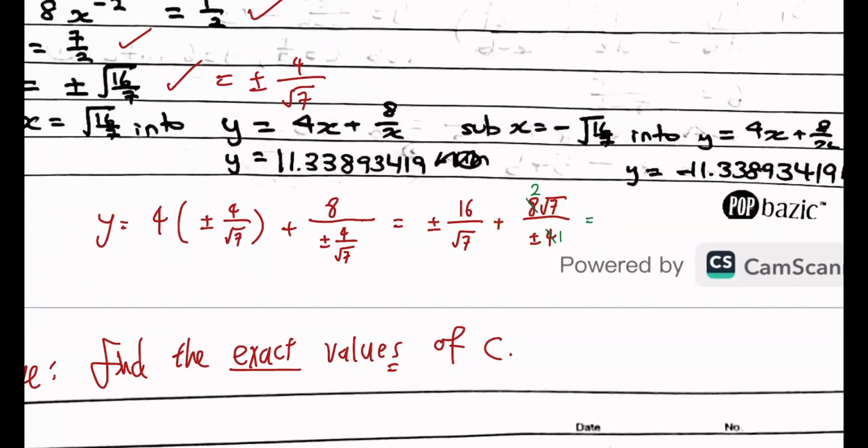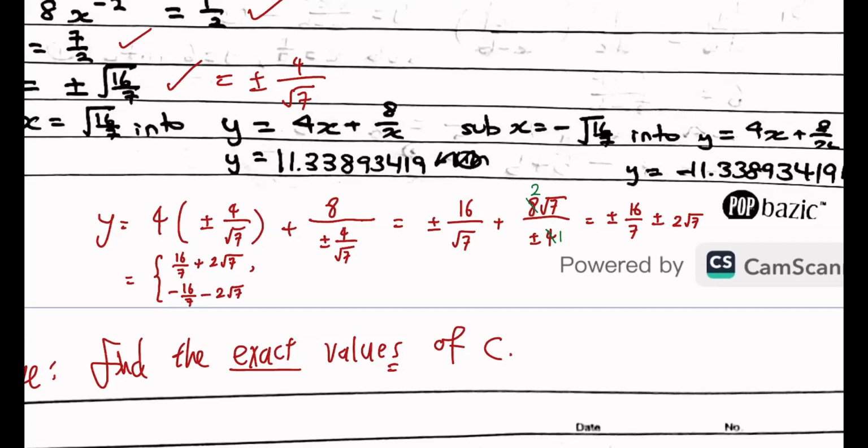So we get plus minus 16 over 7 plus minus 2 root 7. Which means that it's really just curly brace, positive 16 over 7 plus 2 root 7, or negative 16 over 7 minus 2 root 7.